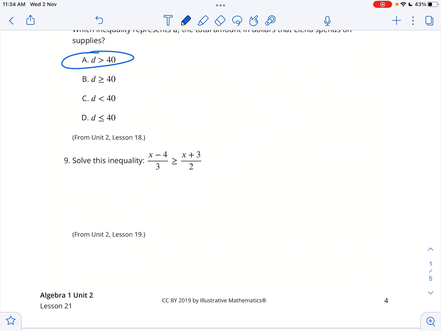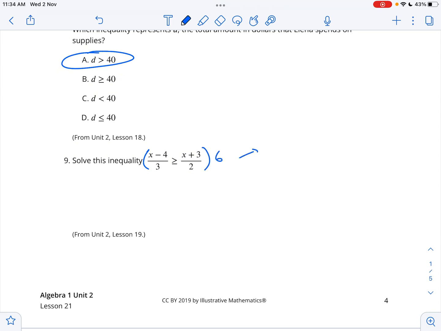Question 9, solve that inequality. Now there's different ways you could go about doing this. Probably what I would do is figure out what the lowest common denominator is and multiply it all by that. So in this case, the lowest common denominator is 6. So I'm going to multiply both sides of my equation by 6.